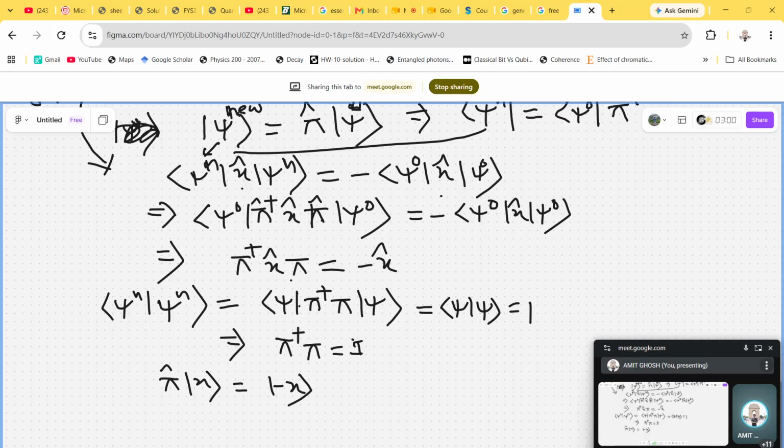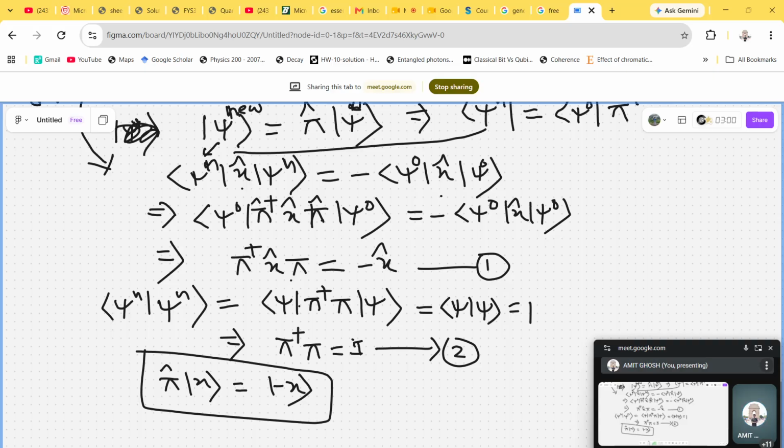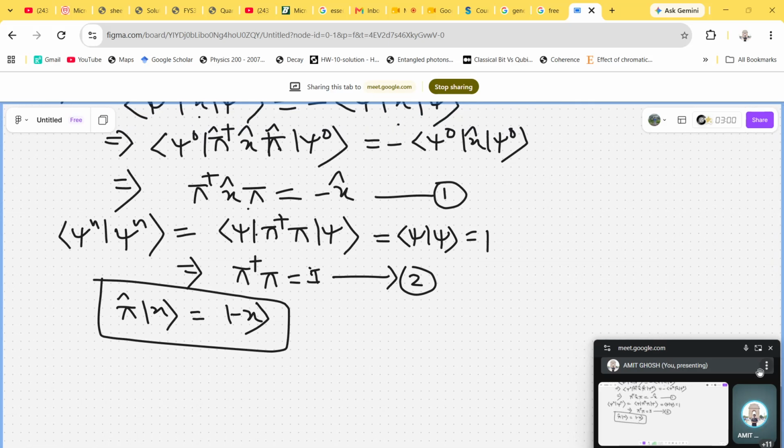This is the job of the parity operator. This you can derive. This you try in your home. So use equation number 2 and equation number 1. From these two you can derive that Π̂ acting on x will give minus x. So the parity operator will just change x to minus x. That you can derive using 1 and 2.